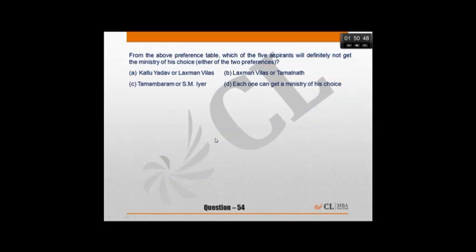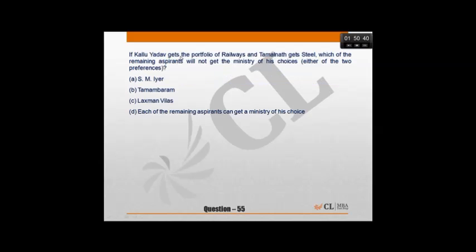From the above preference table, which of the 5 aspirants will definitely not get the ministry of his choice? What's the other one? If Kallu Yadav gets the portfolio of railways and Tamalnath gets steel, which of the remaining aspirants will not get the ministry of his choice? I'll do this question first because it gives me additional data.